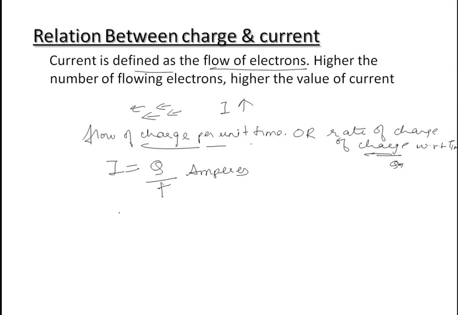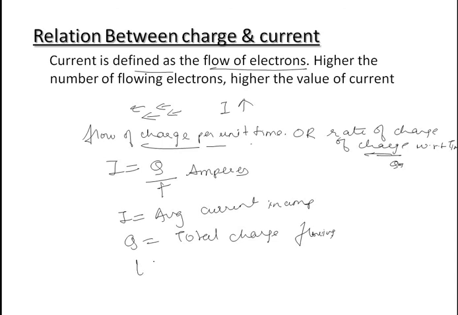Here, I is the average current in amperes, while Q is the total charge flowing, and T is the time in seconds.